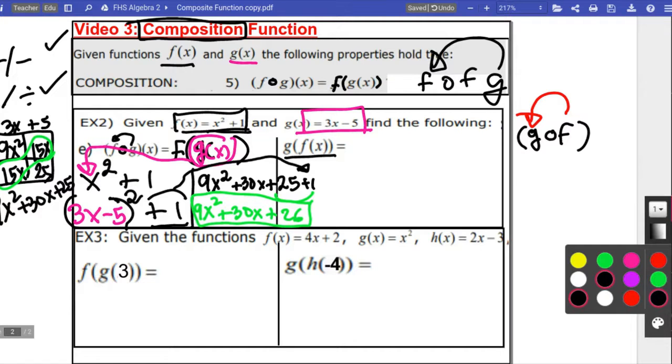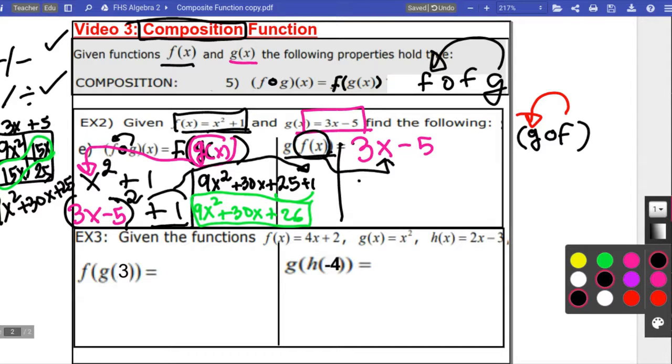You start with the G. The G is this color, 3x minus 5, right? But the f of x is going to go inside here. F is going inside of G. So how do I do that?